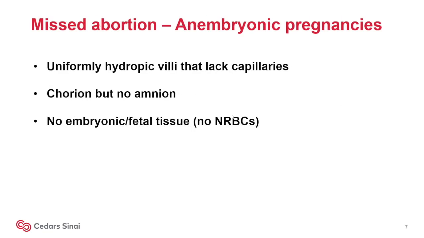The first one I'll be showing on the slides is the anembryonic pregnancy. Because there is no embryo, capillaries do not form, and therefore there is a problem with exchange of fluids within the villi, and all villi become hydropic and enlarged, and by hydropic I mean edematous. Of course, you should have no nucleated red blood cells and no embryonic tissue.